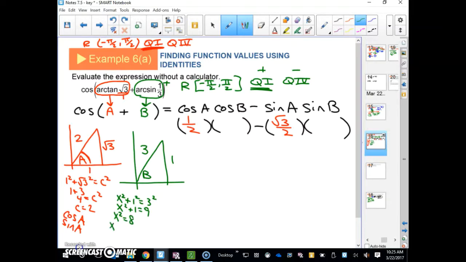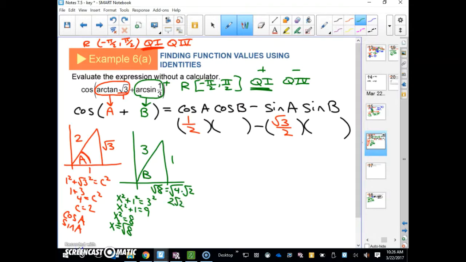And so square root, we're looking at the square root of 8, plus or minus. Okay? But over there on the right, first quadrant, we're talking about a positive x value, so that's going to be the square root of 8. Square root of 8 there. That's probably a good idea to simplify that square root. That's square root of 4 times square root of 2, or 2 square root of 2.